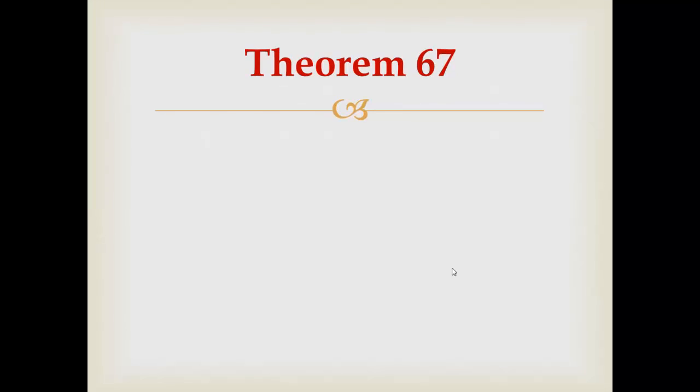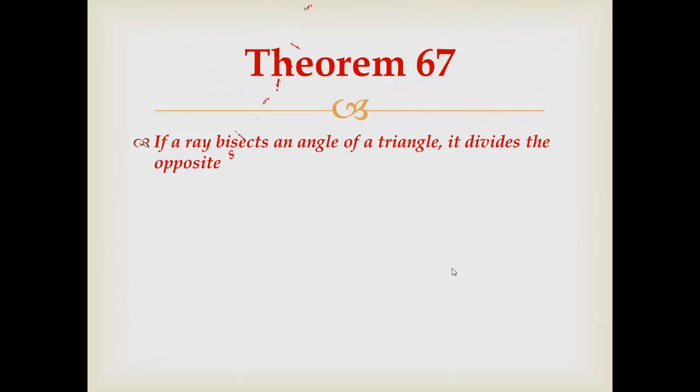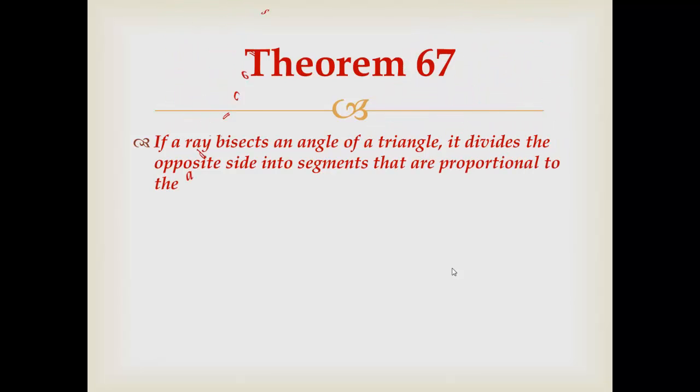Next, we have Theorem 67. Theorem 67 states the following. If a ray bisects an angle of a triangle, it divides the opposite side into segments that are proportional to the adjacent sides. This is known as the angle bisector theorem.